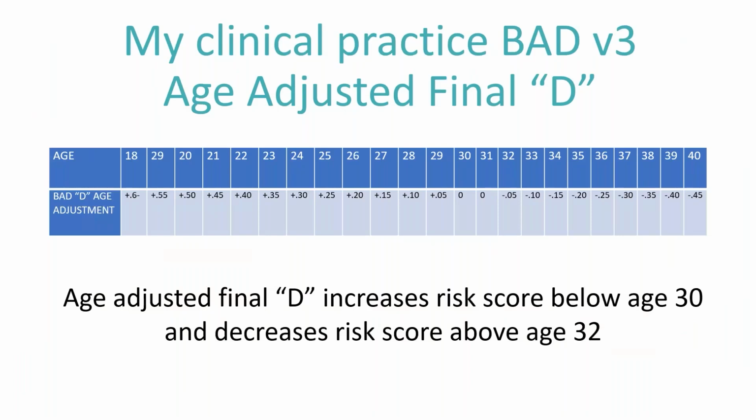You can imagine if a patient is 60 years old, their chance of post-LASIK ectasia is very, very low. But if you have a patient who's 18, their potential risk is much greater because they may harbor preclinical ectatic disease.